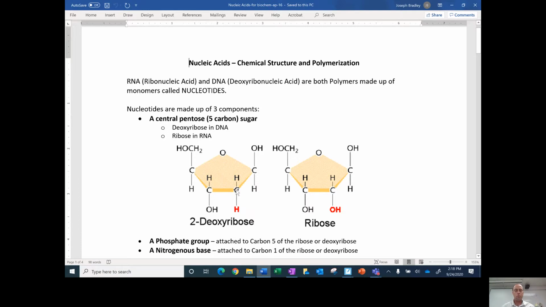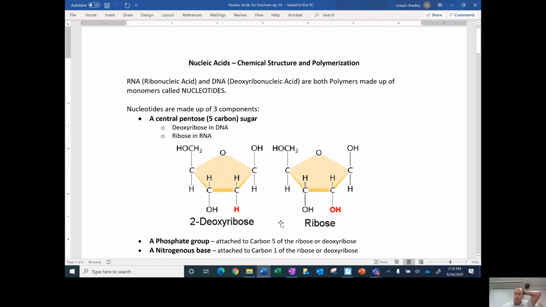So there's 1, 2, 3, 4, and then the one that's kind of the antenna is number 5. Off of carbon number 2 in deoxyribose is just a hydrogen, whereas in ribose it's a hydroxyl group. So it's got less oxygen, therefore it's deoxy.